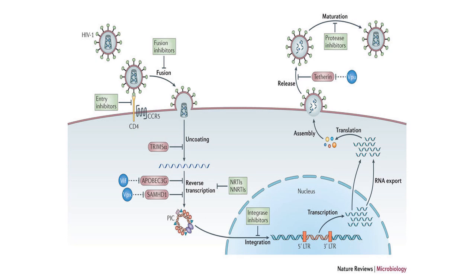So once the RNA enters into the cytoplasm of the host cell, because of reverse transcription, the RNA is converted into proviral DNA. The proviral DNA translocates into the nucleus along with an enzyme called integrase. This integrase enzyme cuts the host chromosome and helps the proviral DNA to integrate into the host chromosome.